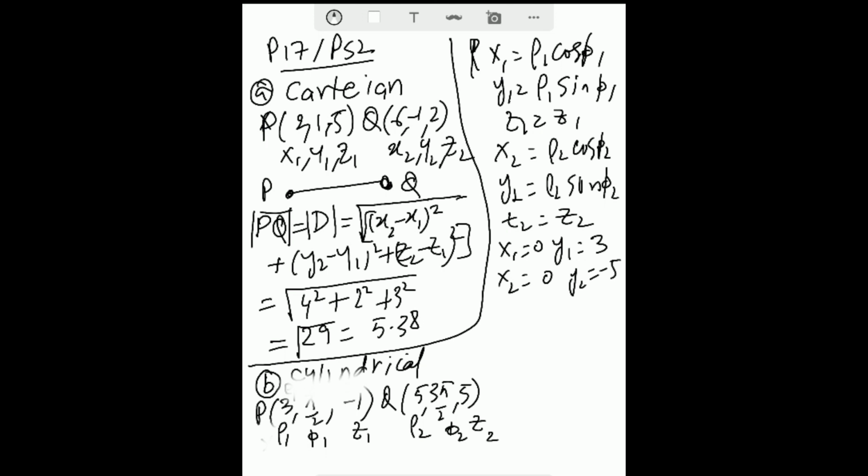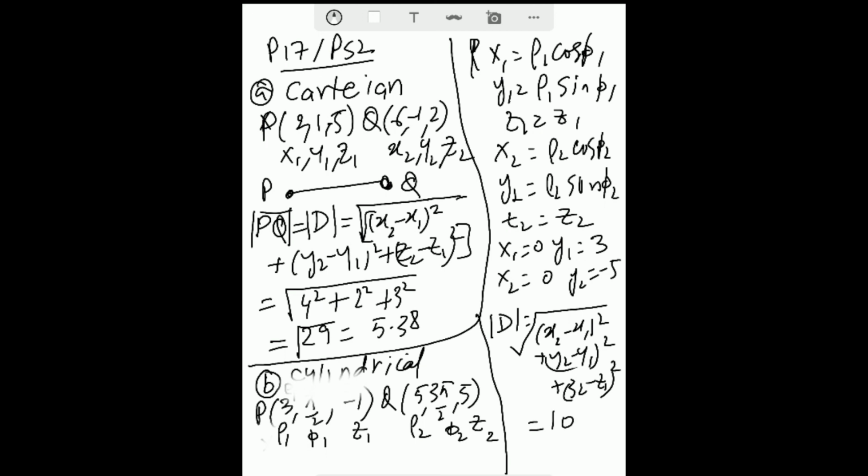So when I put this in the formula, d is equal to, again, (x2 minus x1) squared plus (y2 minus y1) squared plus (z2 minus z1) squared. If I put all these values, this comes out to be equal to 10.